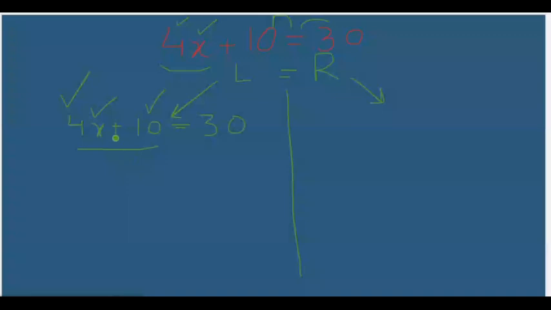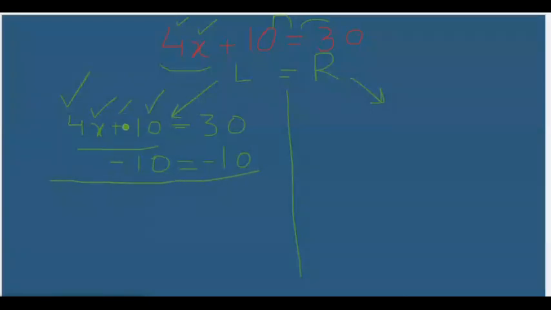So you can see that the 10 has a sign of plus. There's a plus sign with 10. So if you want to shift this 10 to the right hand side, we will subtract 10 on both sides of the equation. You can see that on the screen. We want to subtract 10 from both sides because we need to eliminate 10 from the left hand side of the equation.